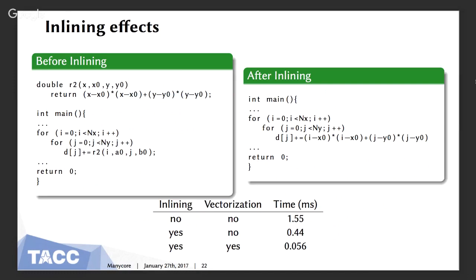If I add inlining, you actually get a really big improvement down to 0.44 milliseconds. And if I throw in vectorization on top of that, even better, about a factor of 8 improvement from adding the vectorization, and overall, a huge factor of 30 improvement over the original operation.